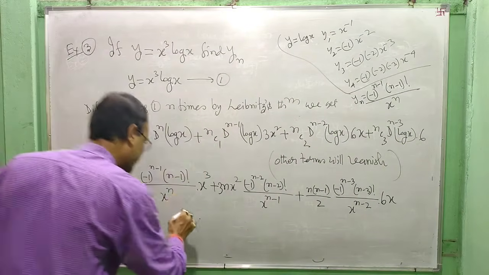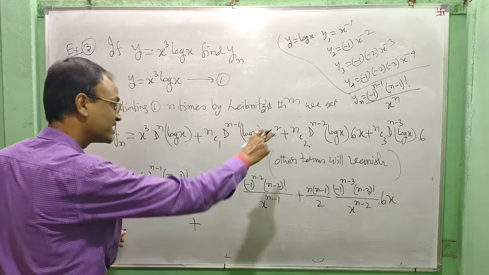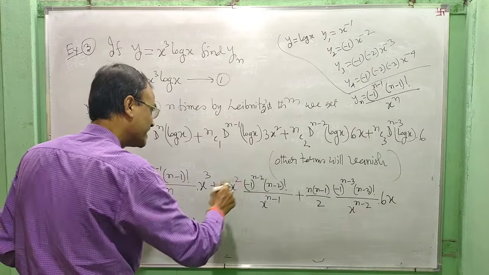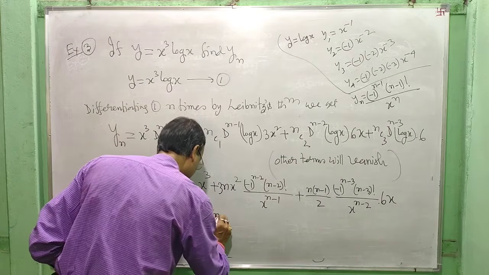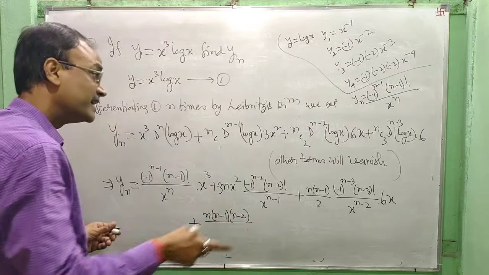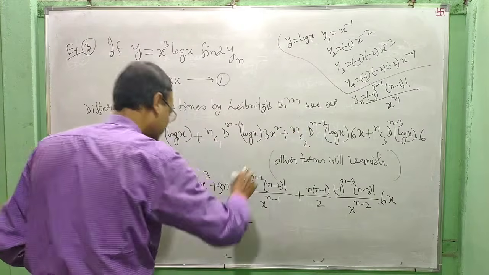Plus nC3, you will get nC3, n into n minus 1 into n minus 2 divided by factorial 3.